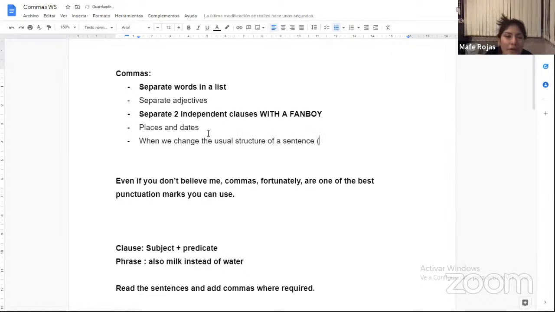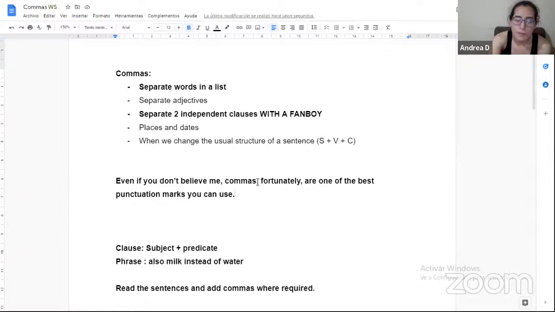So here we're using two commas. Even if you don't believe me, commas, fortunately, are one of the best punctuation marks you can use. So, I mean, this word, fortunately, here is interrupting the flow.